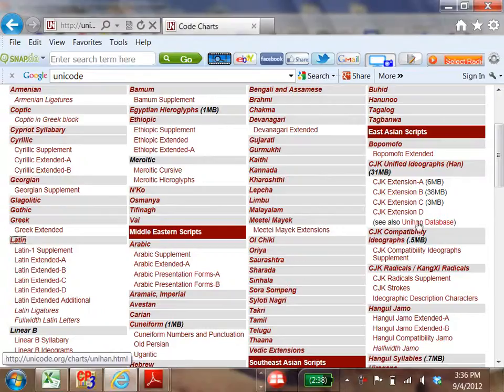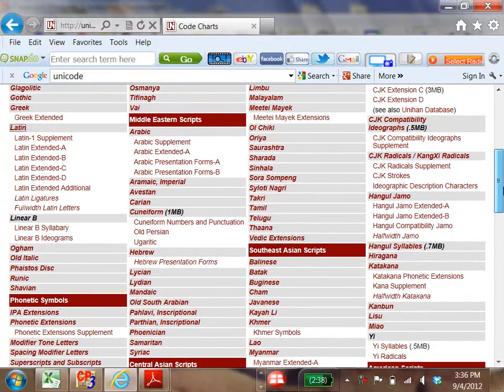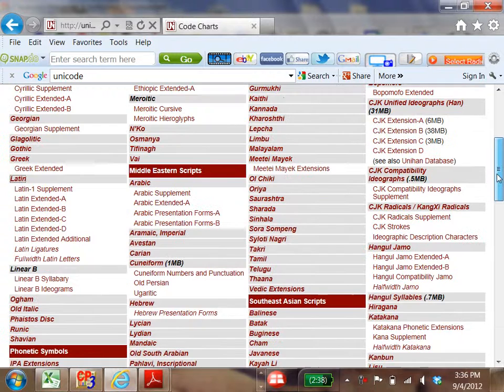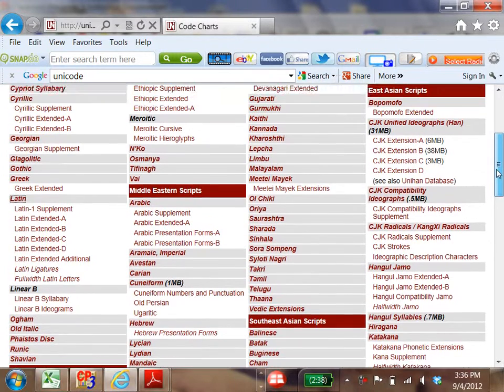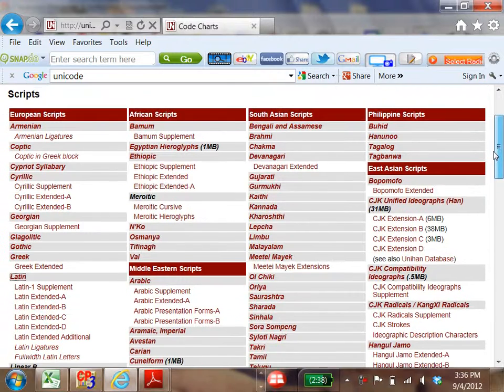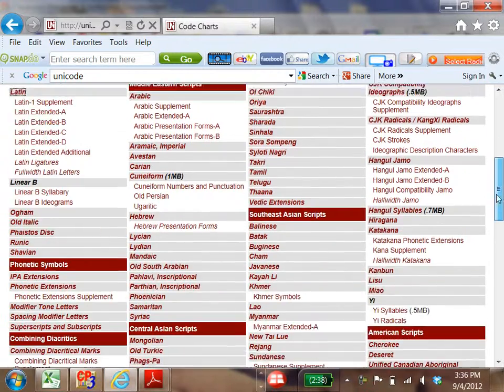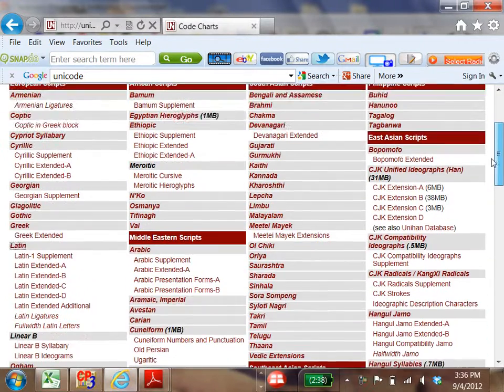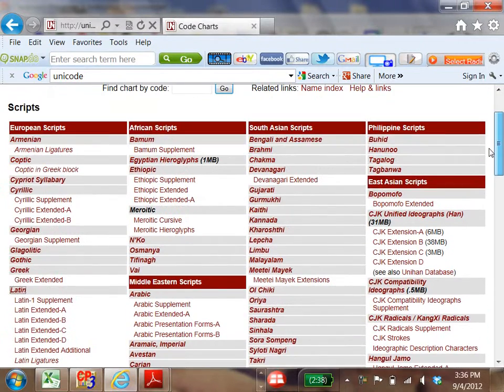Well, it's kind of interesting. What all they have here anyway? Middle Eastern scripts, Ethiopian hieroglyphs. Right. Oh, Egyptian hieroglyphs. Yeah.